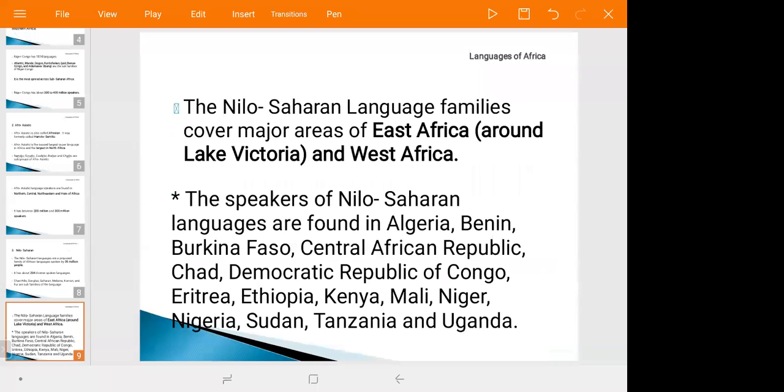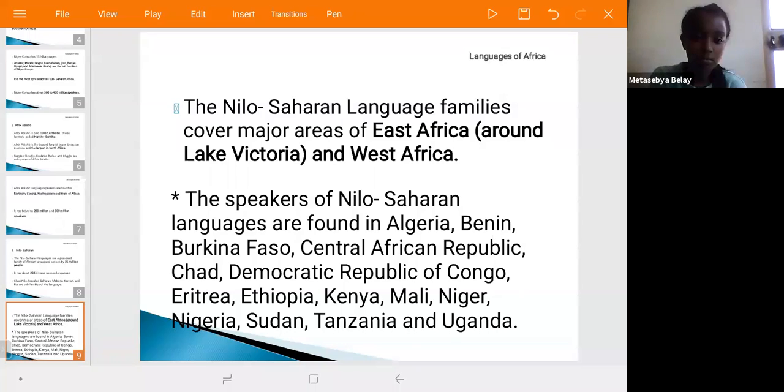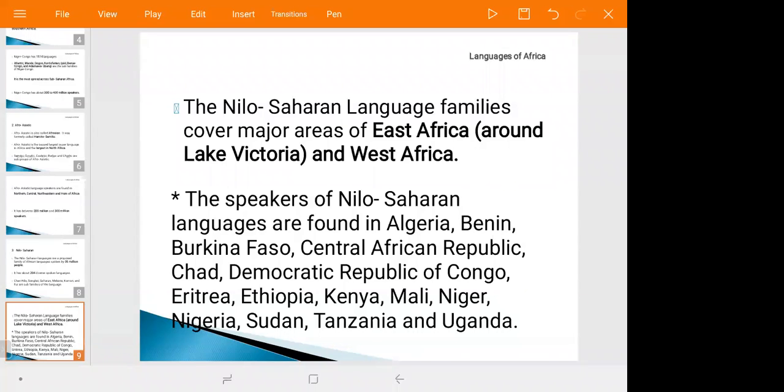The speakers of this Nilo-Saharan are found in East Africa, around Lake Victoria, and in some parts of West Africa. I mentioned West Africa many times, yes?